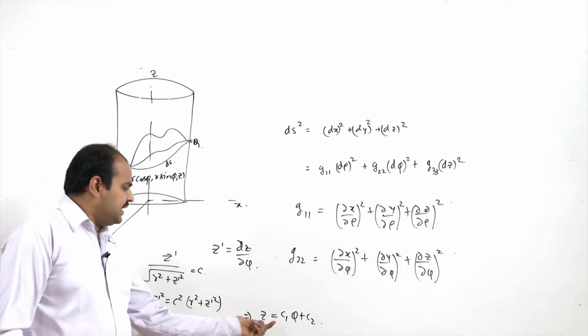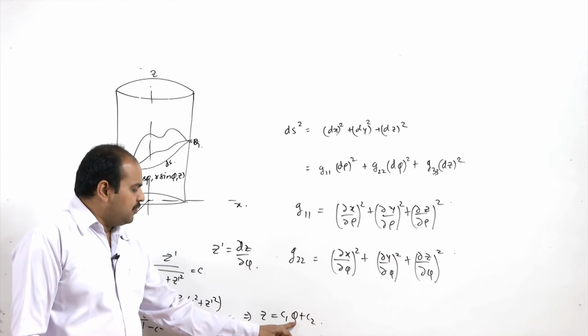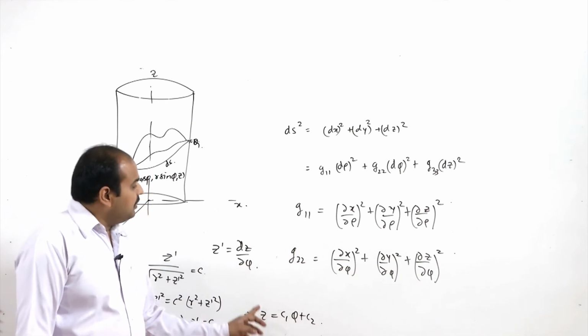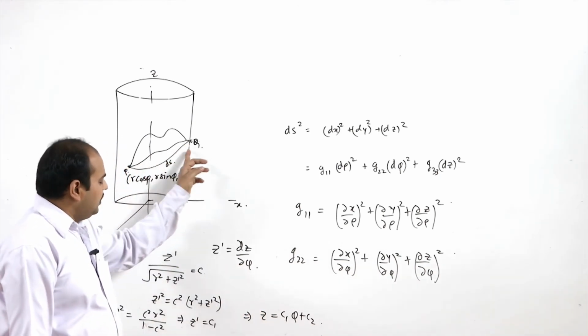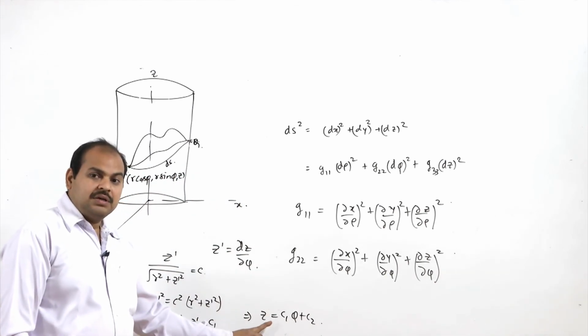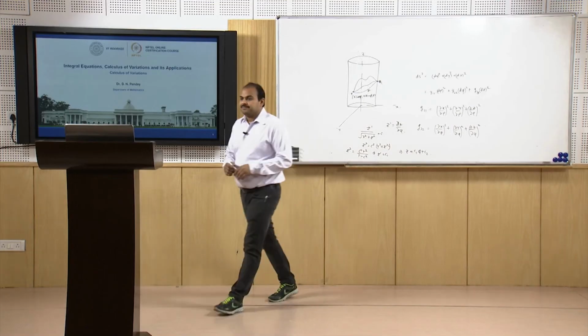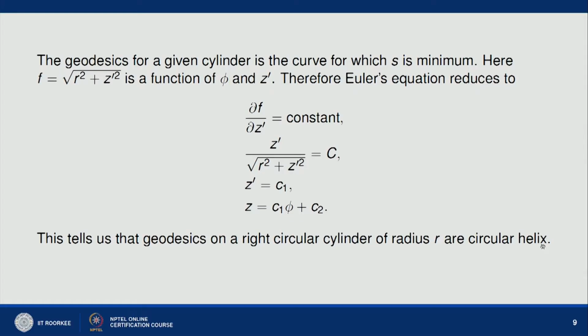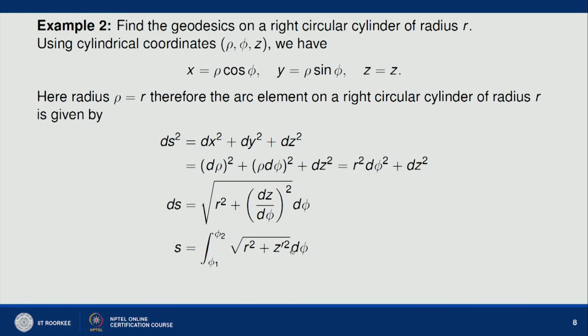Now if you look carefully, if you vary your phi, then of course the height will also change, and it comes out that the path which minimizes the distance between any two points P and Q is nothing but a helix on the right circular cylinder. So in this case, the geodesic on a right circular cylinder of radius r is nothing but a circular helix, represented by z equal to c1 phi plus c2, where c1 and c2 may be obtained by the initial conditions that z of phi 1 is equal to z1 and z of phi 2 is equal to z2.